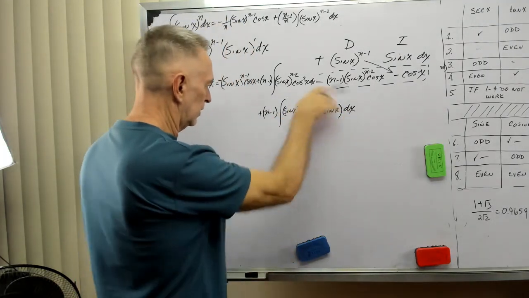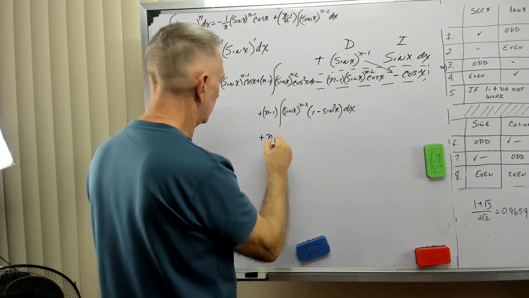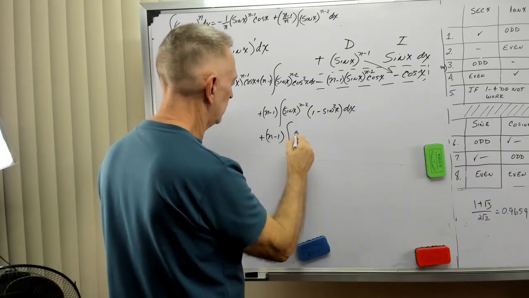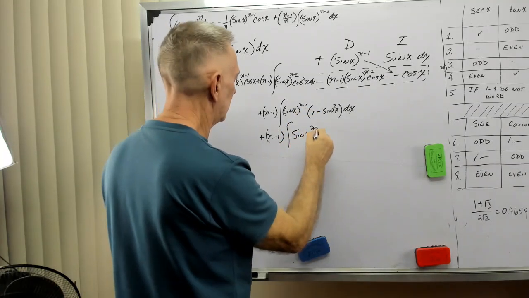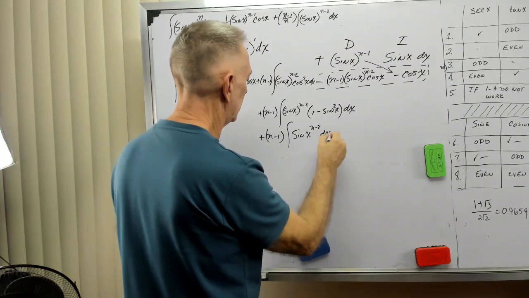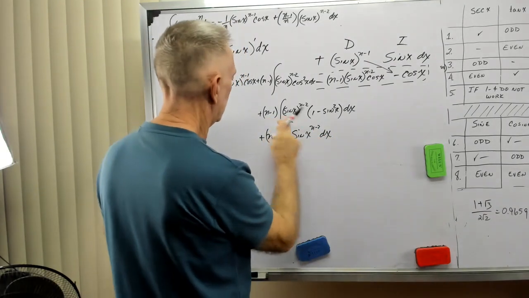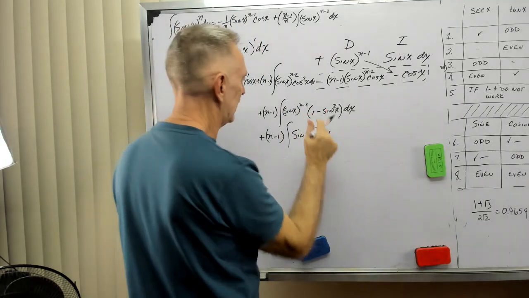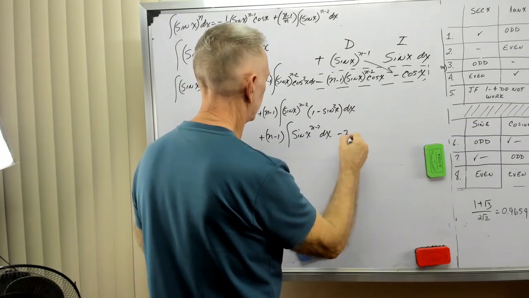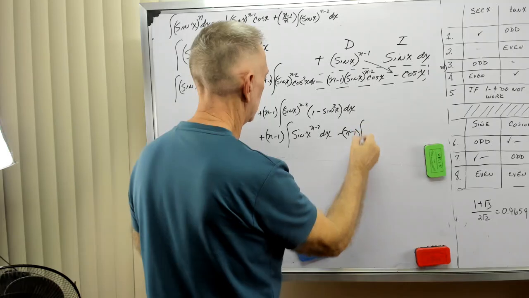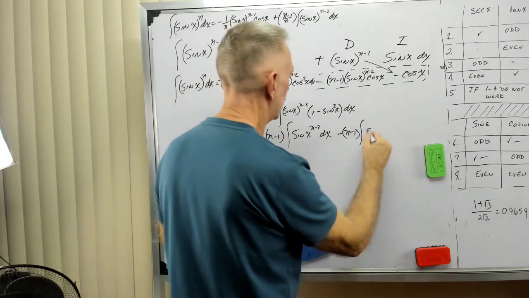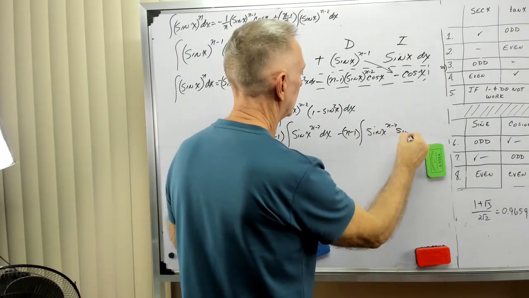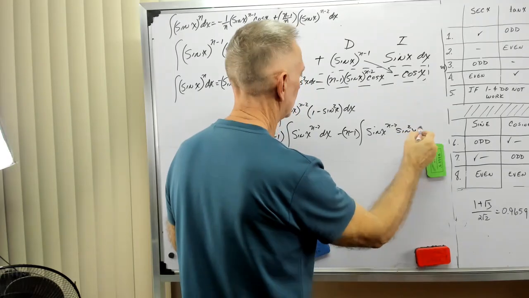Now let's distribute that. So n minus 1, the integral of sine x to the n minus 2 times 1. Sine x to the n minus 2. I'll separate it into two integrals. Now, sine x to the n minus 2 times a negative is going to give me a negative, so it's n minus 1 integral of sine x to the n minus 2 times sine x squared, dx.